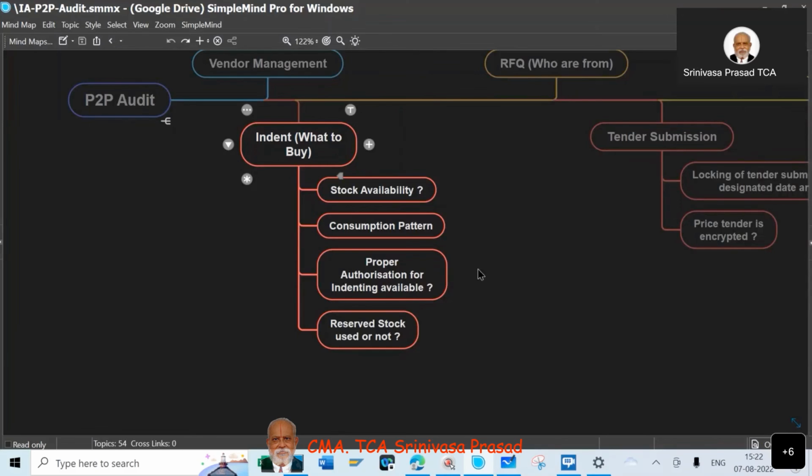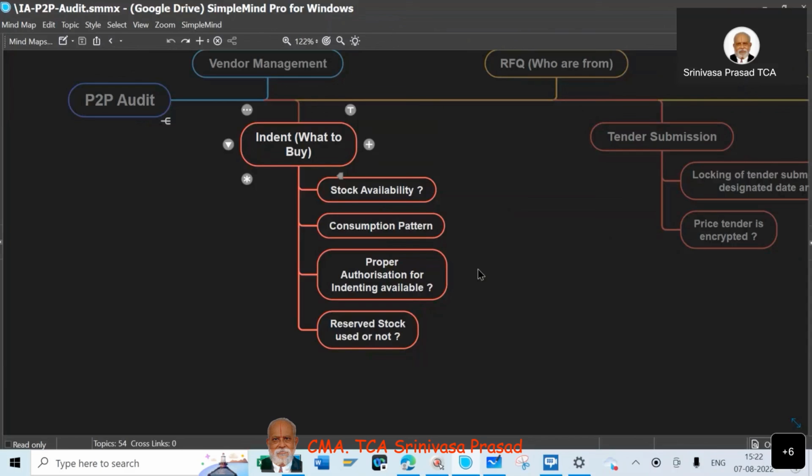I had also given some other points: stock availability and consumption pattern. Suppose you take consumption of spare parts and consumables. If one particular department or shop floor is suddenly asking for more on the Indent, we'll have to find out why they are asking for more material to be bought, because there is no material in stock.